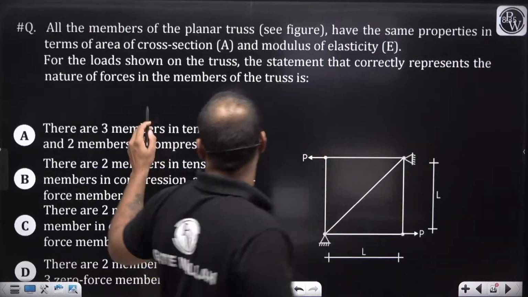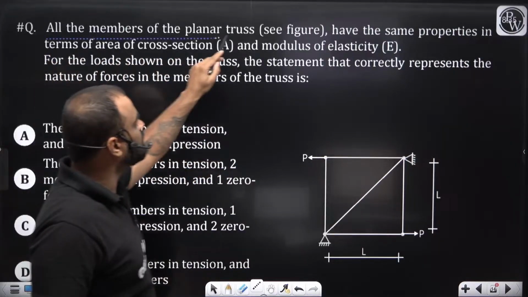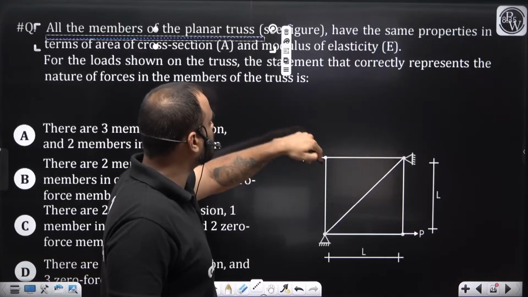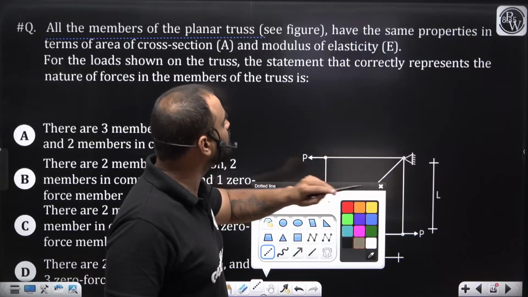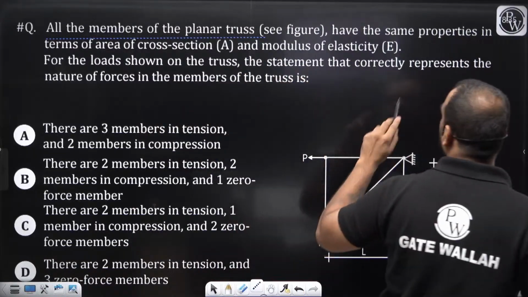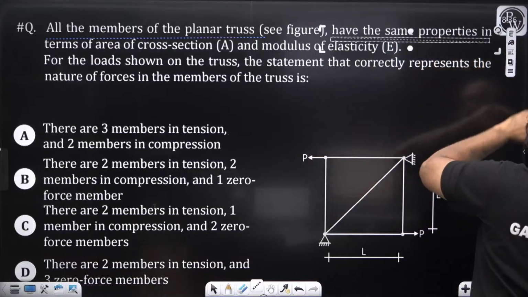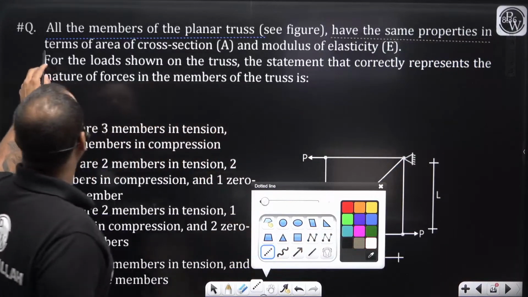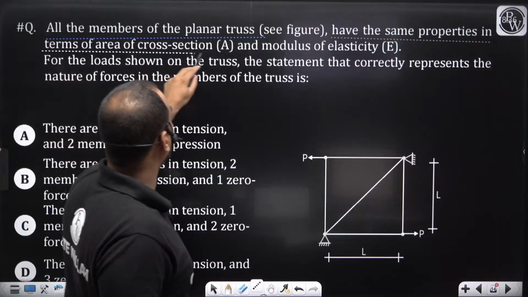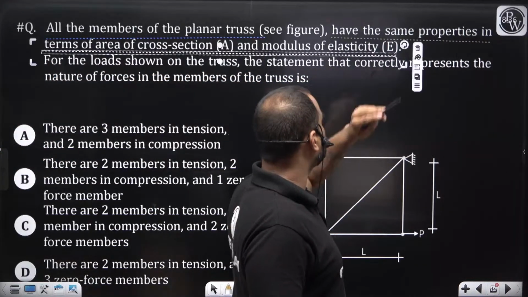So guys, all the members of the planar truss which you are able to see in the figure have the same properties in terms of area of cross section and modulus of elasticity.